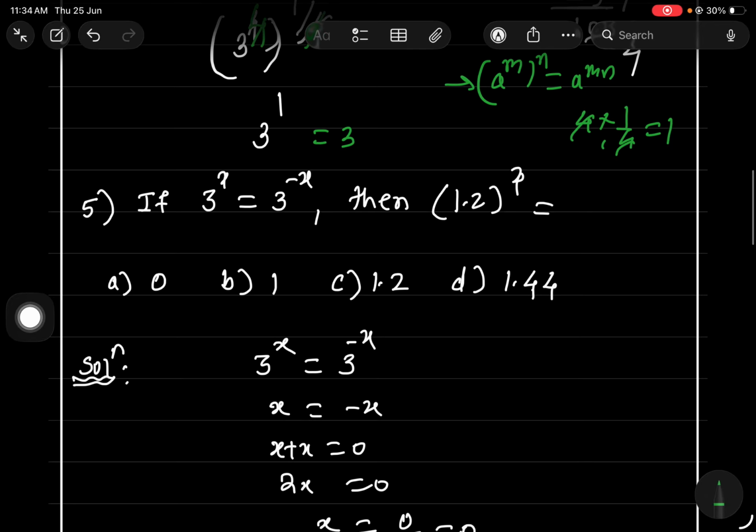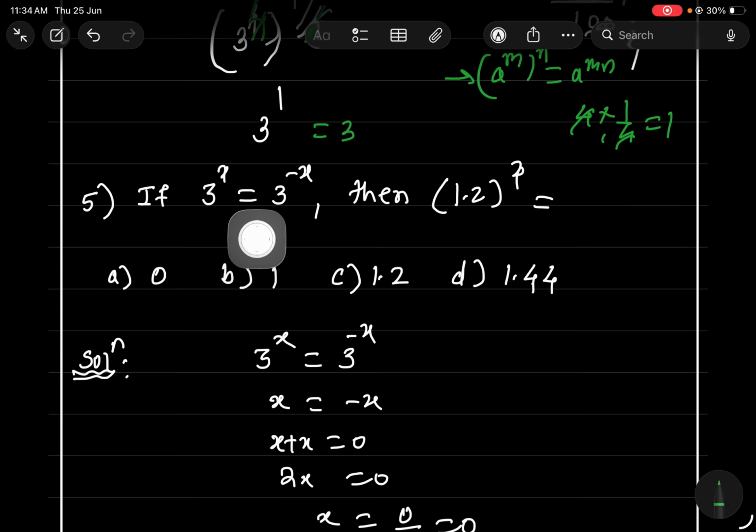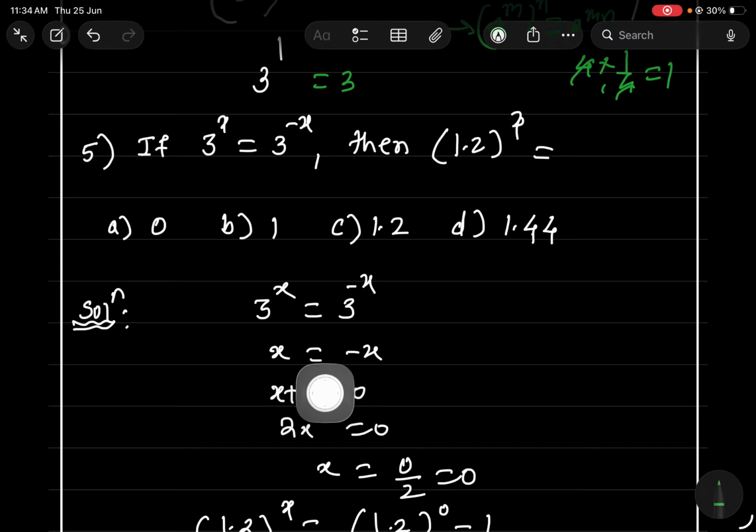Then second: if 3 raised to x equal to 3 raised to minus x, then 1.2 raised to x equal to. So very simple, 3 raised to x equal to 3 raised to minus x, means whatever is there on the other side, the index is minus x.